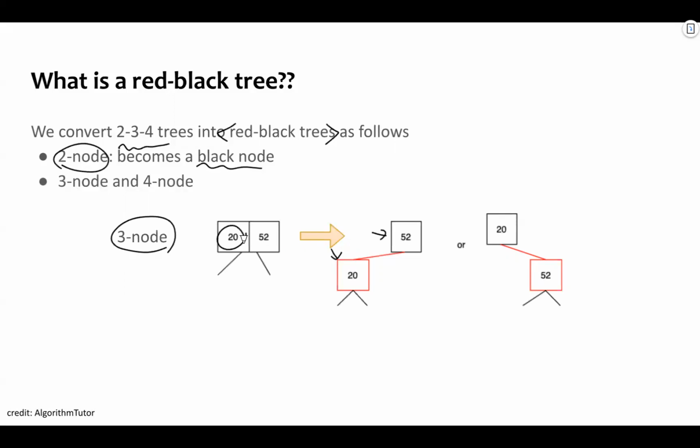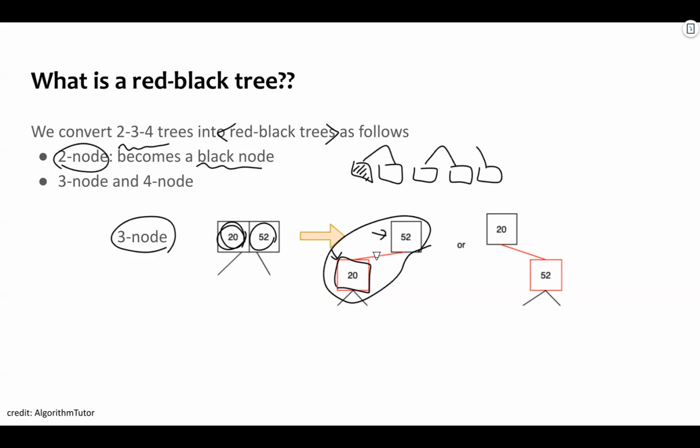We are going to make one of them black, and you can choose any of them. However, we prefer to make the left one red because we want to fill the left part first. So what I mean by this is when we have some empty places like this, we want to fill in the left part first. So that's why we prefer this conversion to this conversion.